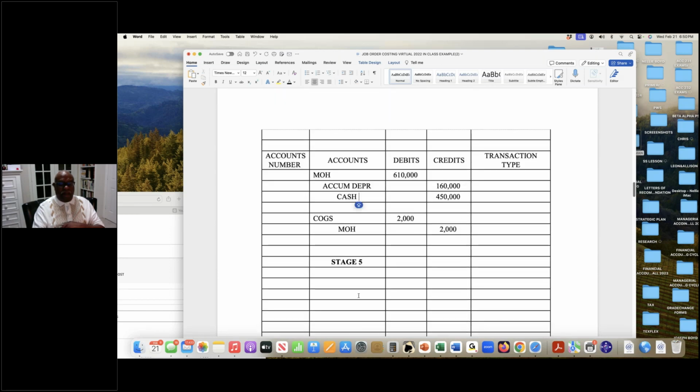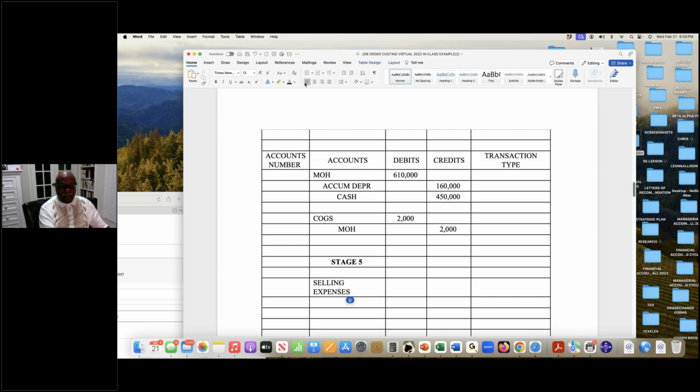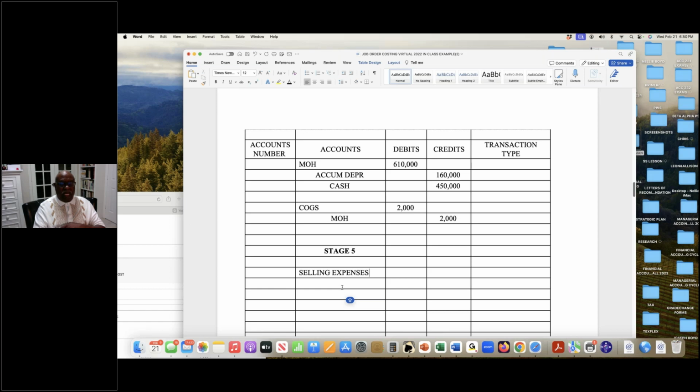And so we're going to debit selling expenses. Hopefully you're seeing now where you need that multiple, because you've got to cover these costs. Our selling expenses, and we're going to credit cash.